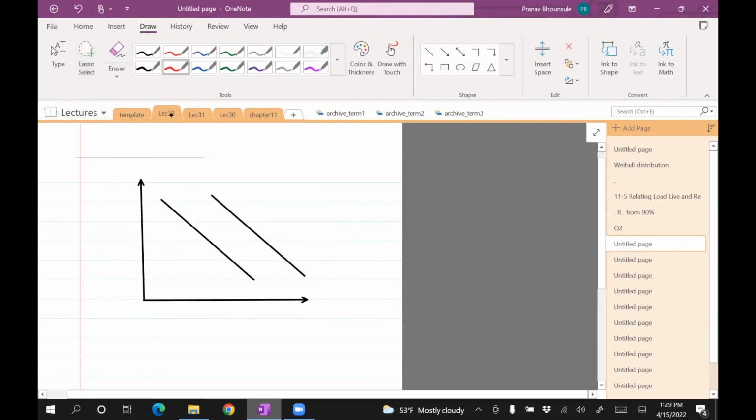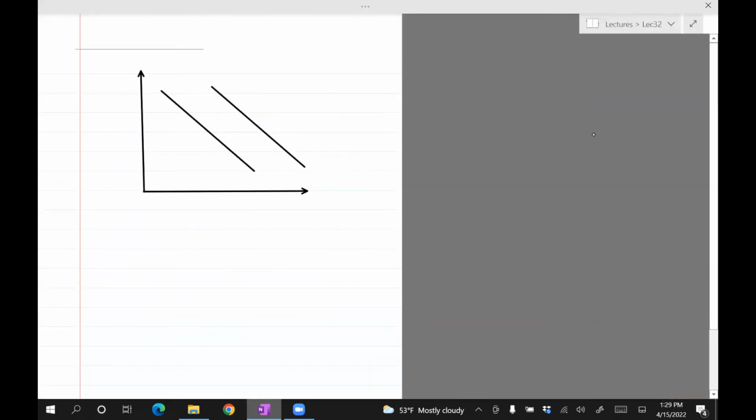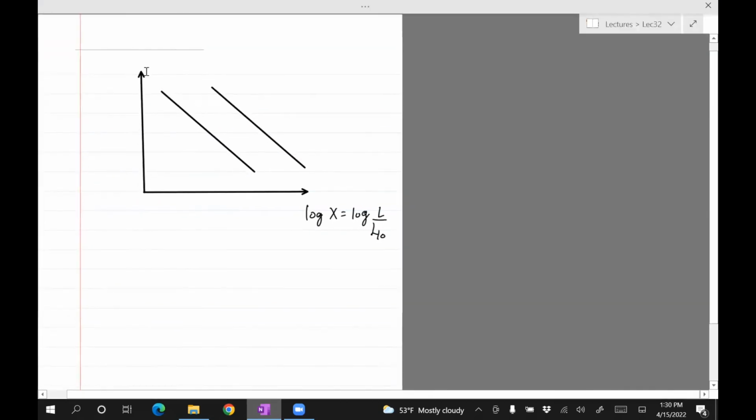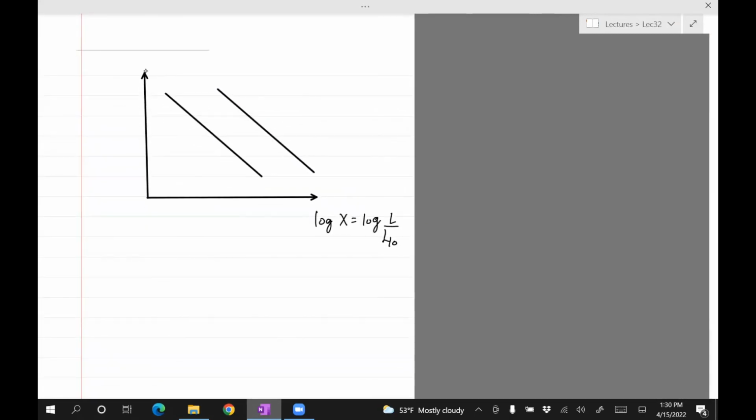Okay, so let's see what we have here. It is the log x, which is log L divided by L10 plot, so it's non-dimensionalized. And then we have log f, the load.